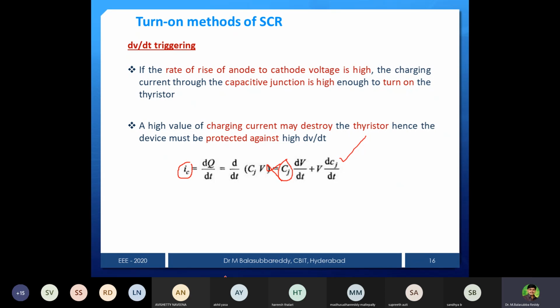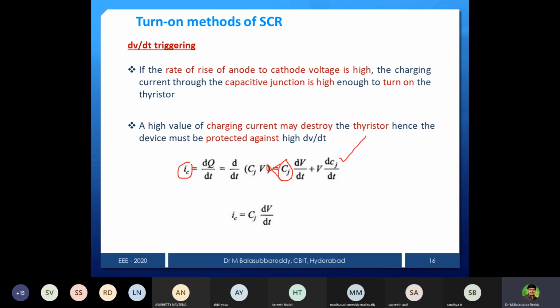Whenever dV by dt increases, the current passing through the device, or leakage current, also increases. Once dV by dt is more and more, the current will be more and junction J2 is going to break down. This phenomenon is what we call dV by dt triggering.